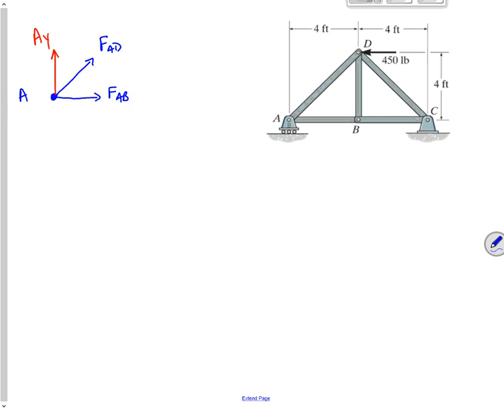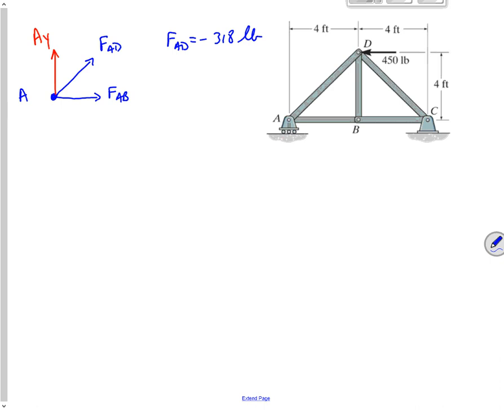I already know from the previous page that FAD is minus 318 pounds. Why is it minus? It's still minus because I've drawn it the same sense as I had before, that it's pulling on the joint. In reality, it's pushing on the joint.